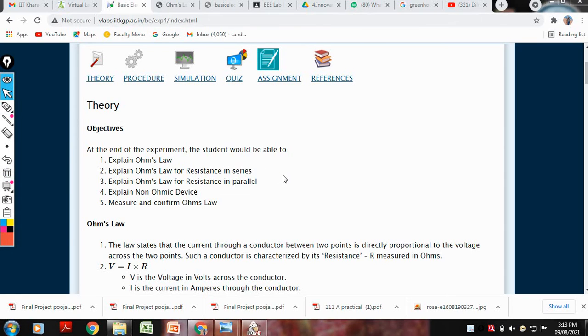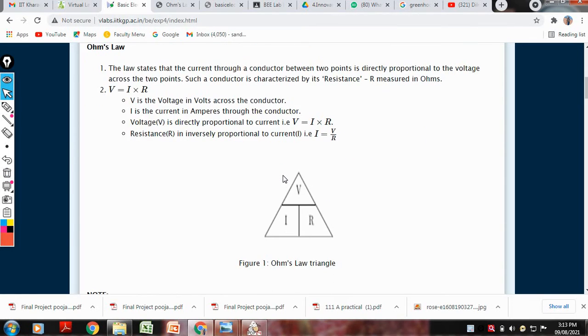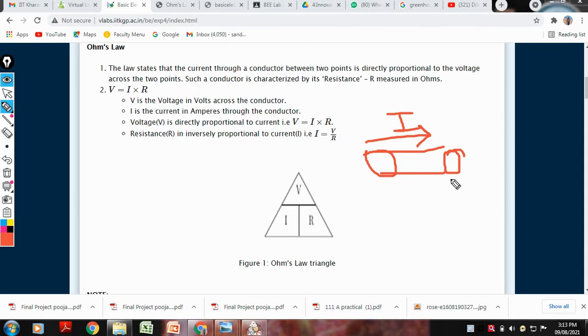Now what is the concept of Ohm's law? Ohm's law states that the current flowing through a conductor, where we consider one conductor and current I flowing through it, between 2 points, first point and second point, depends on and is directly proportional to the voltage.